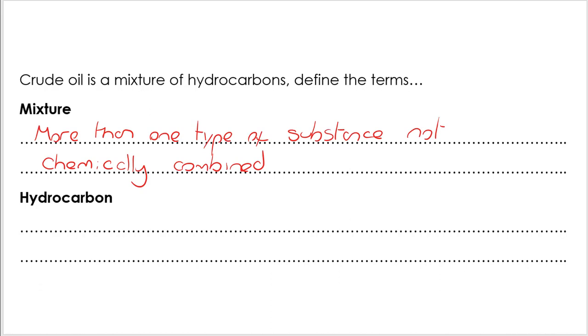Air is a great example of a mixture because it's a mixture of gases. I've got compounds and I've got elements, I've got molecules, I've got atoms, but they are not combined together. My carbon dioxide, my argon, my oxygen, my nitrogen are all separate but mixed together.